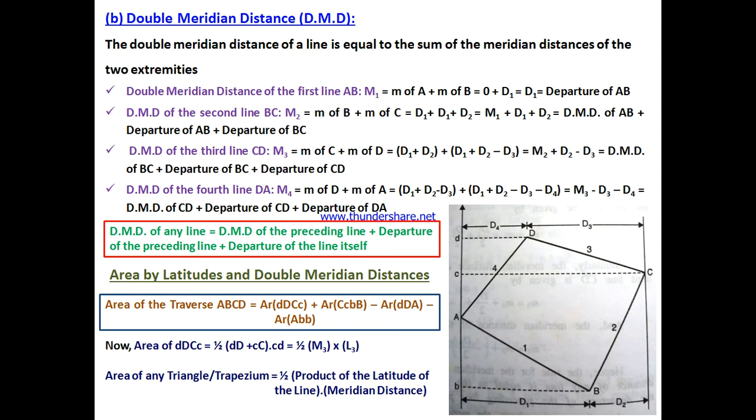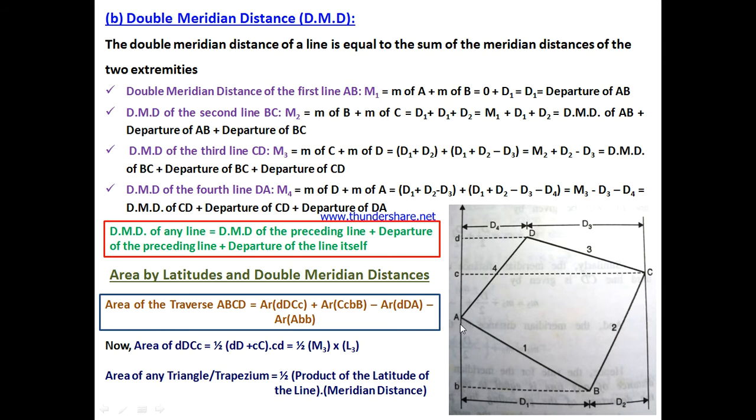In this manner we need to calculate the double meridian distance, which is represented by M, and for a line it will be equal to the sum of the meridian distances of the two extremities. Suppose for line AB, I need to calculate the double meridian distance of AB.